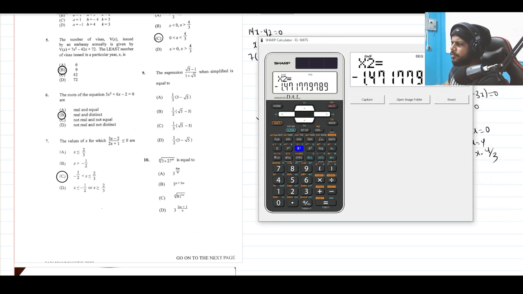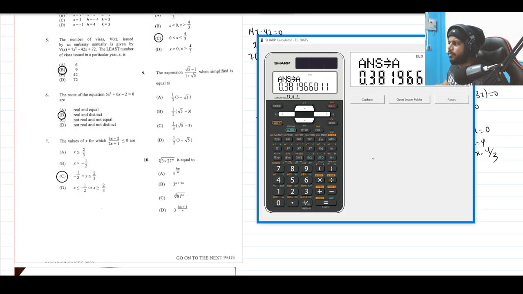Root 5 minus 1 divided by 1 plus root 5, store that in A, or we can just write down what the value is. 0.38196611. It's a positive number.